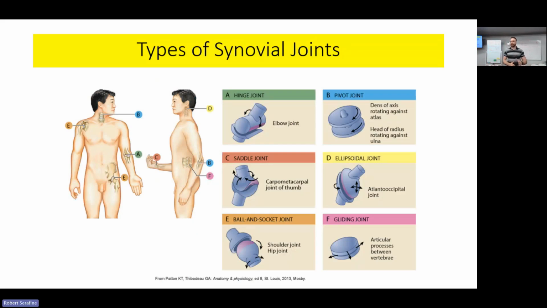To the point where if you know what movements each synovial joint classification can perform, all you need to know is what type of joint am I looking at? Oh, it's a hinge joint, then it only produces flexion and extension. So if we pay attention to the movements that these joints can produce, and then take a step further understanding what these movements look like, that's all you really need to know, right?